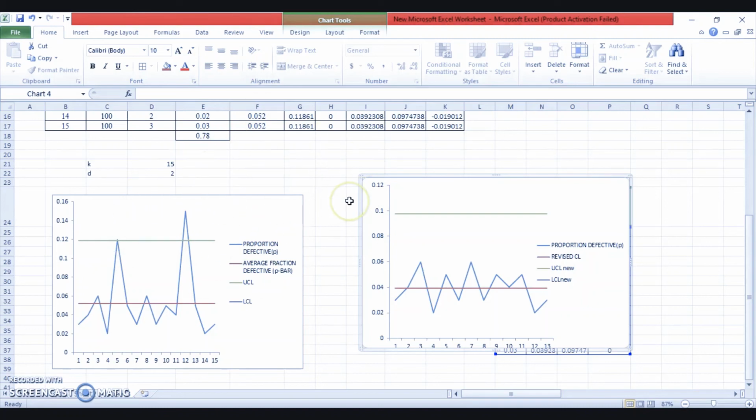Because of the formulas used for the revised central line and revised control limits, we were able to remove these 2 discarded sample points, and a new revised P chart is in front of you, and you can see that there is no point lying outside the control limits. This P chart represents that now we don't have any assignable causes that can create undesirable sample points in the P chart.